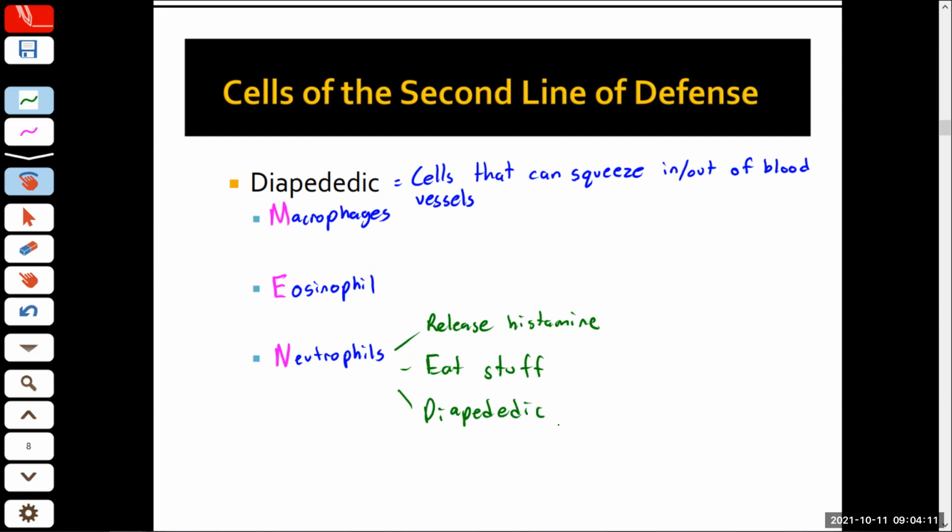So your neutrophils can do it all. Why don't we just rely on neutrophils? Why do we need other cells? Because they're one and done. They're too short-lived. Okay. So these are the cells that we're going to be talking about with the innate immunity.